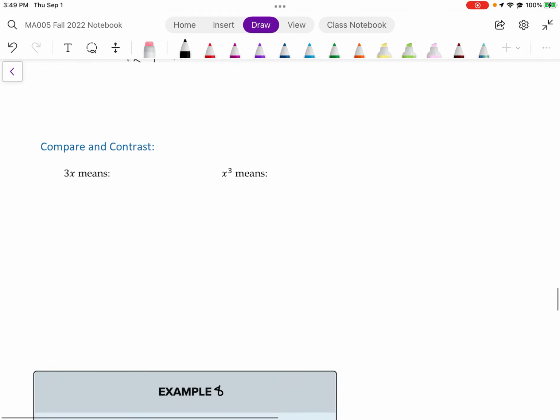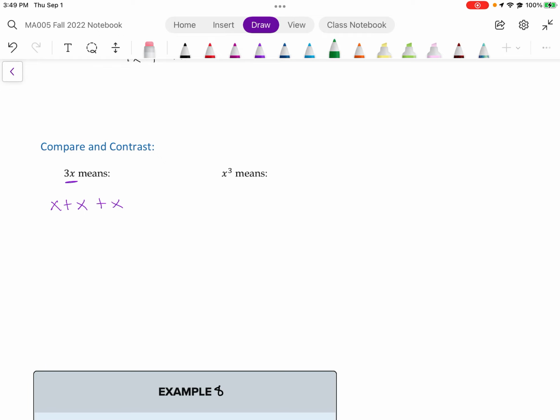Okay, so let's compare and contrast this really quick. I want you to think about the similarities or differences between 3x and x cubed. So pause the video for just a moment and think about that. What is the difference or similarity, compare and contrast 3x and x cubed? All right, so 3x means x plus x plus x.